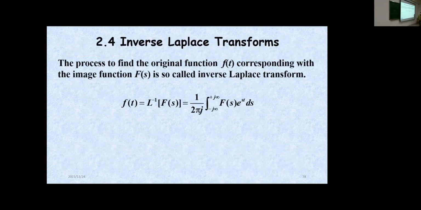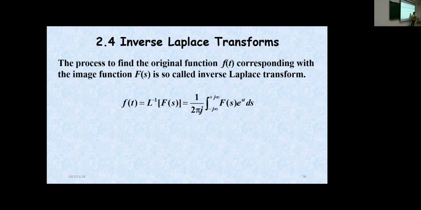So we just talked about the inverse Laplace transform, and this definition is given in that video clip. The process of finding the original function f(t) corresponding to the image function F(s) is called the inverse Laplace transform. And what is the symbol of the inverse Laplace transform?